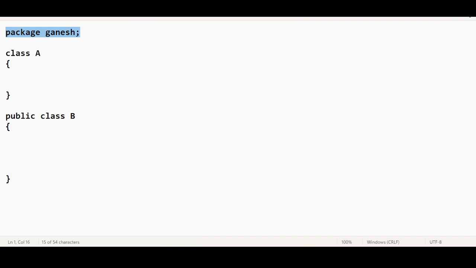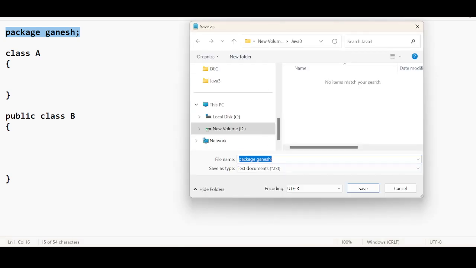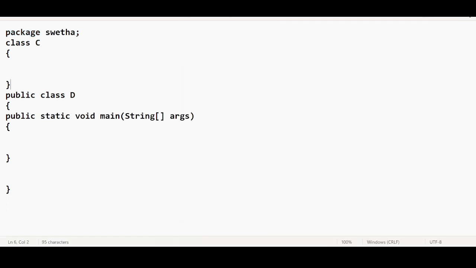Then we will discuss this access modifier. I am saving this as b.java, because the file name should be the same as the class name. It is highly recommended to store the file with the public access modifier's class. This has been saved successfully, and this is another package.